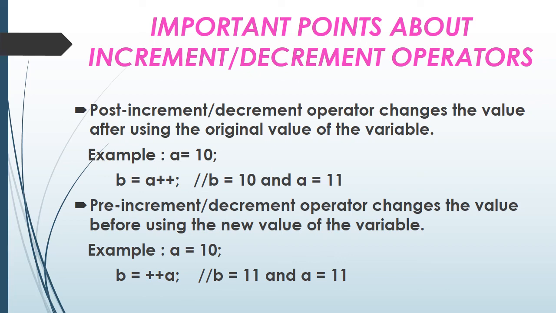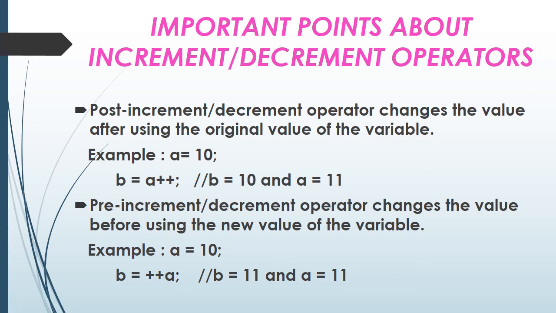Just the opposite is the pre-increment or pre-decrement operator. It will change the value first and then it will use the new value of the variable. Okay, the same example we will take. We take one variable a, its original value is 10, and then we write b = ++a. So first it will change the value.